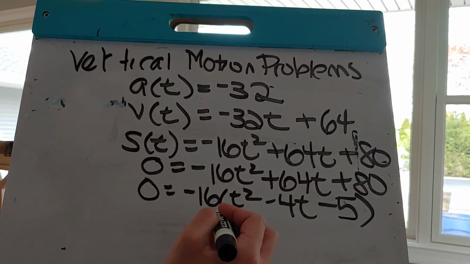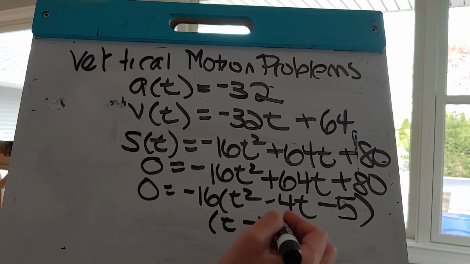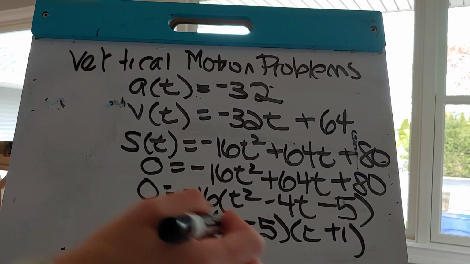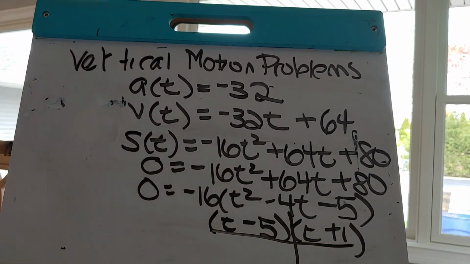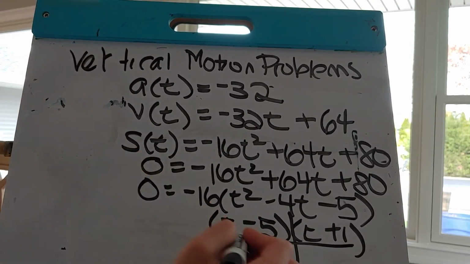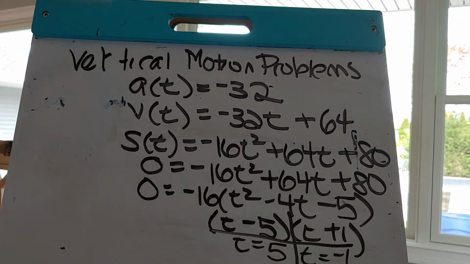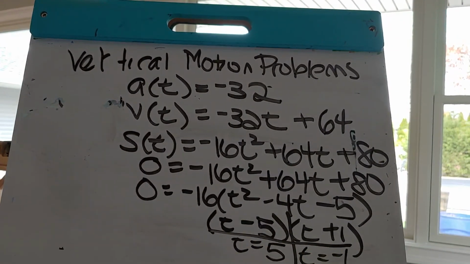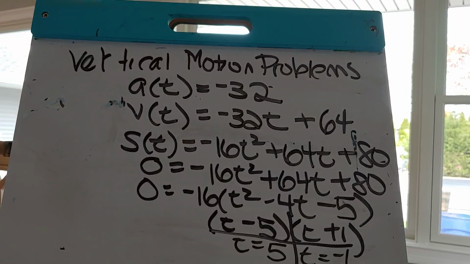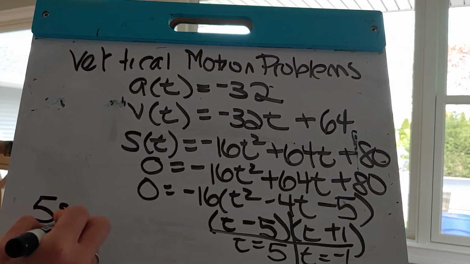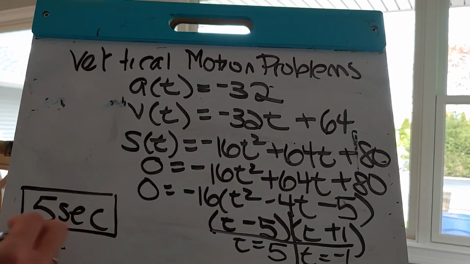I have t minus 5 and t plus 1. So my time is equal to 5 and negative 1. And then, of course, we can't keep a negative time value. So it's going to take 5 seconds for the ball to hit the ground.